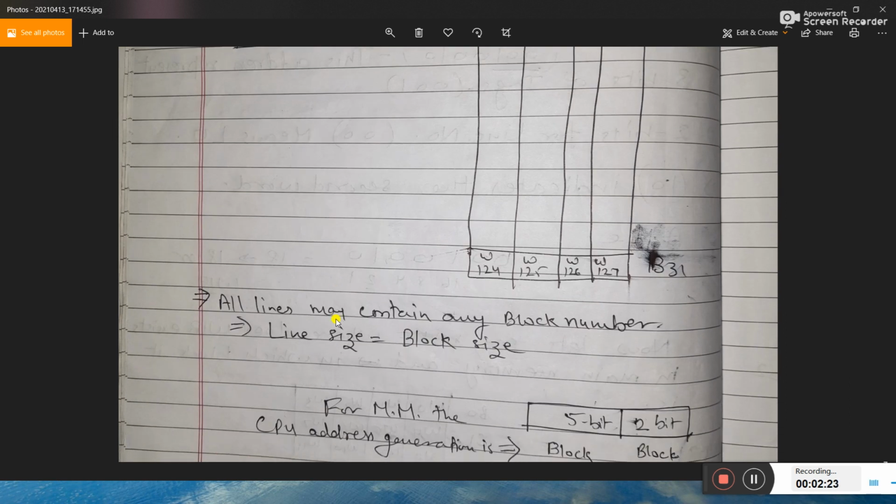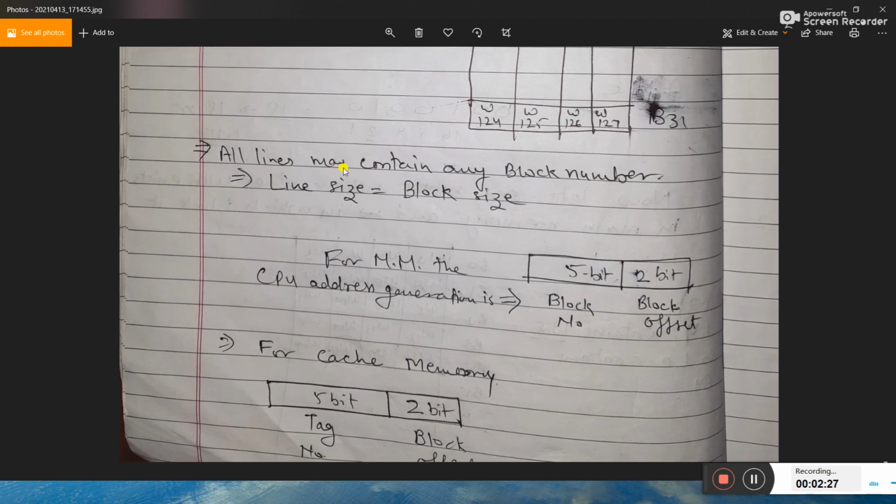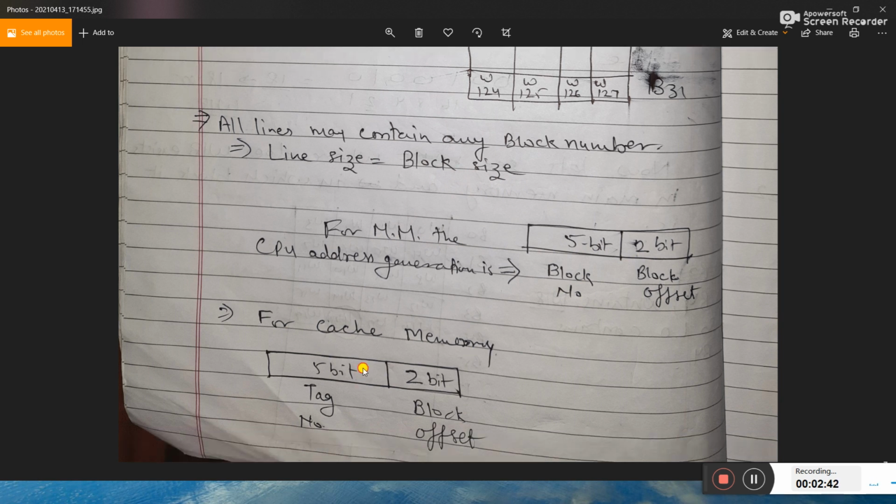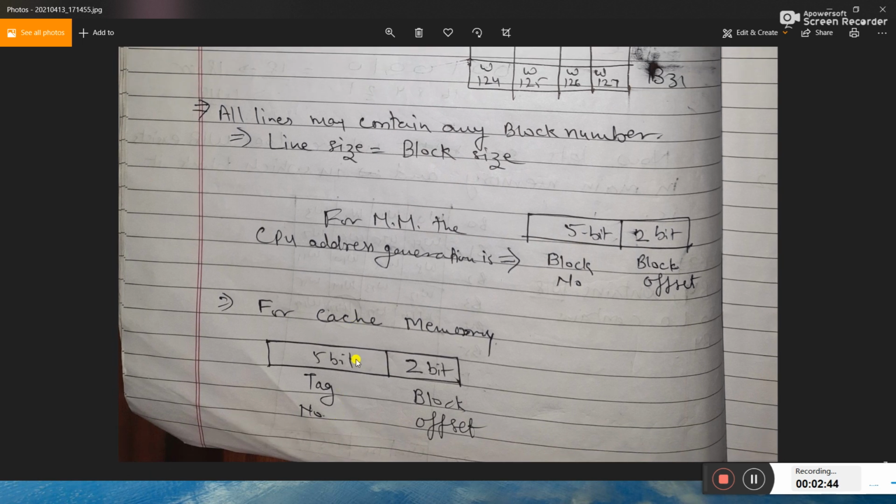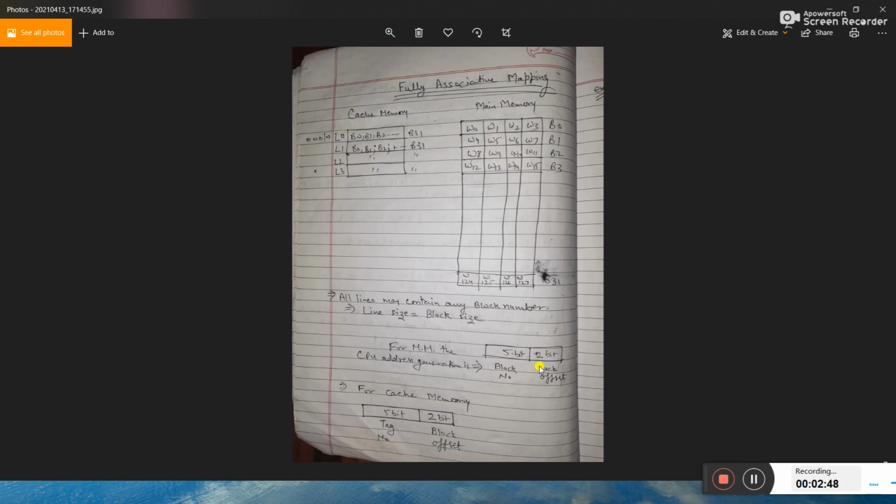Same thing here, line size equals block size, meaning the number of words in the line equals the number of words in a block. For main memory, 5 bits are for the block and 2 bits are for the offset, and in the cache memory 5 bits are for the tag number and 2 bits are for my block offset. That's how we work in fully associative mapping.